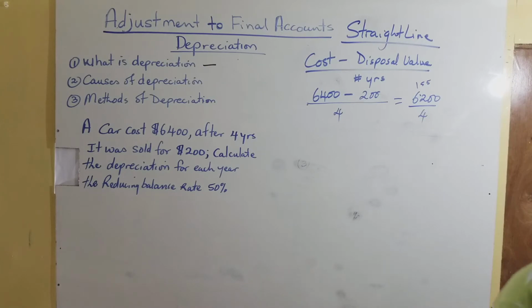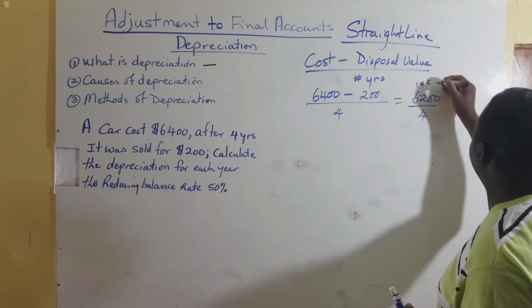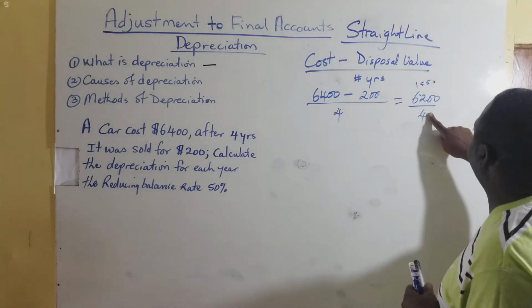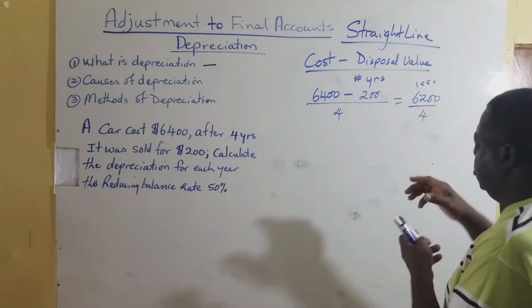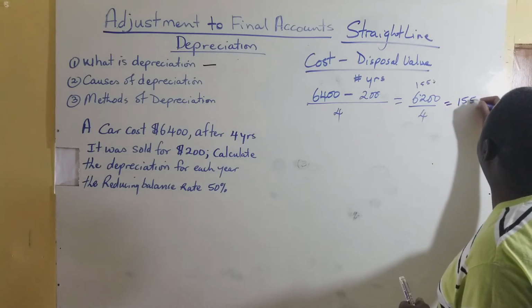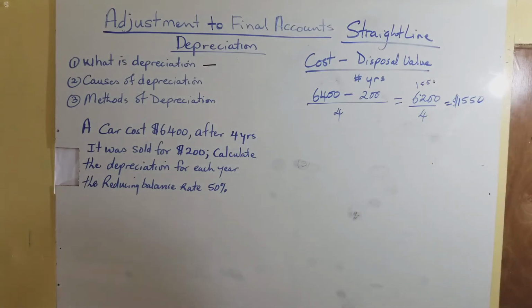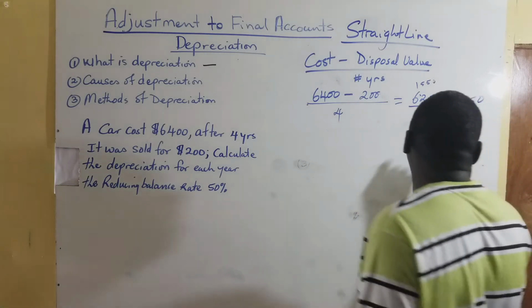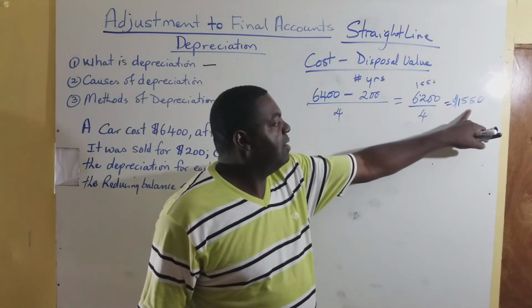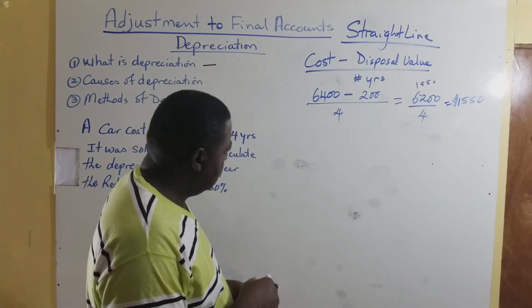So if we continue it, dividing 4 into 6,200, we should be getting $1,550, right? Correct. So what this is saying then, each year we will be charging $1,550 for depreciation of the asset.